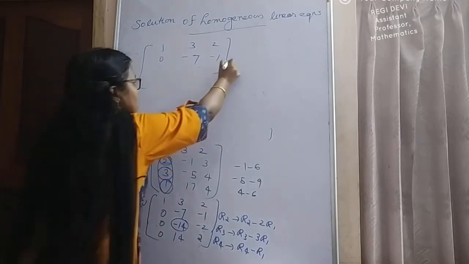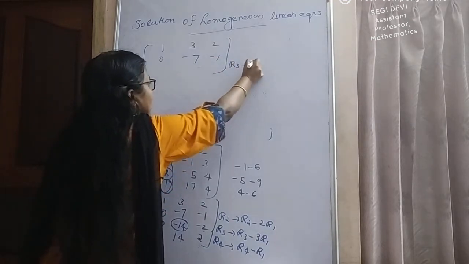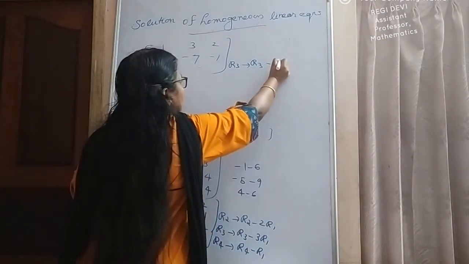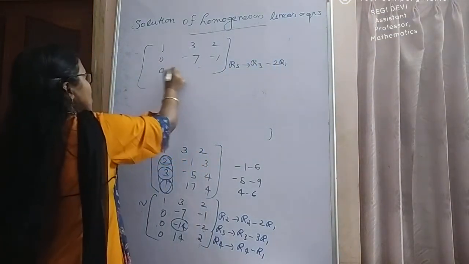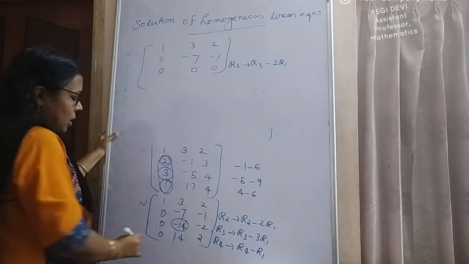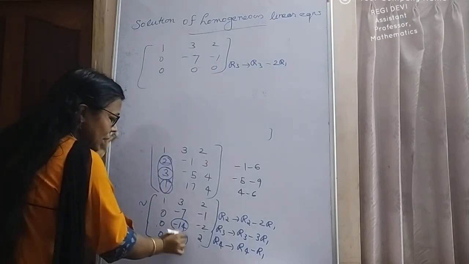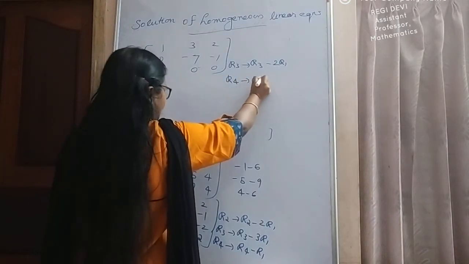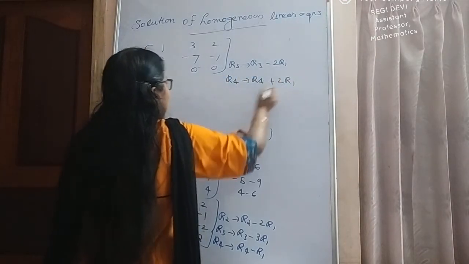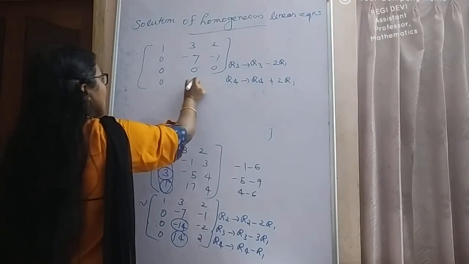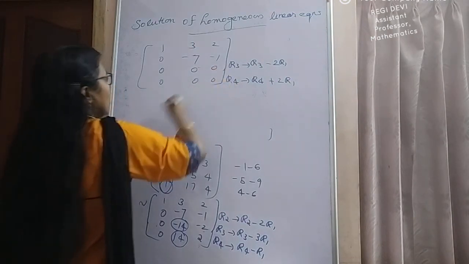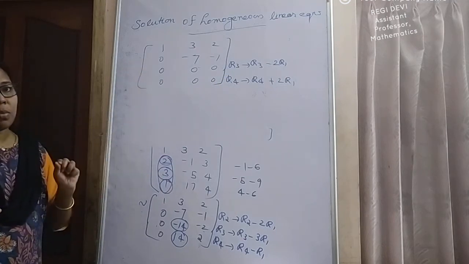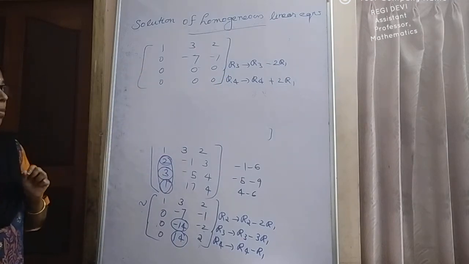Now R3 becomes R3 minus 2 times R2, that is 0, 0, 0. Now we have to make this 14 as 0. That is R4 becomes R4 plus 2 times R2. We also get 0, 0, 0. Now we have reduced this matrix A into row reduced echelon form or the upper triangular form.